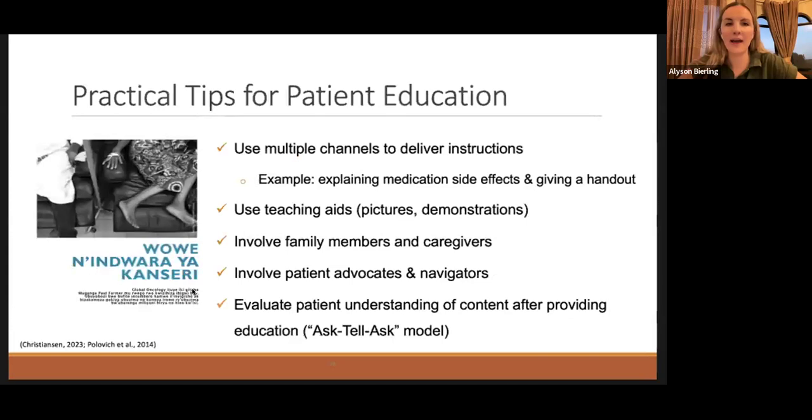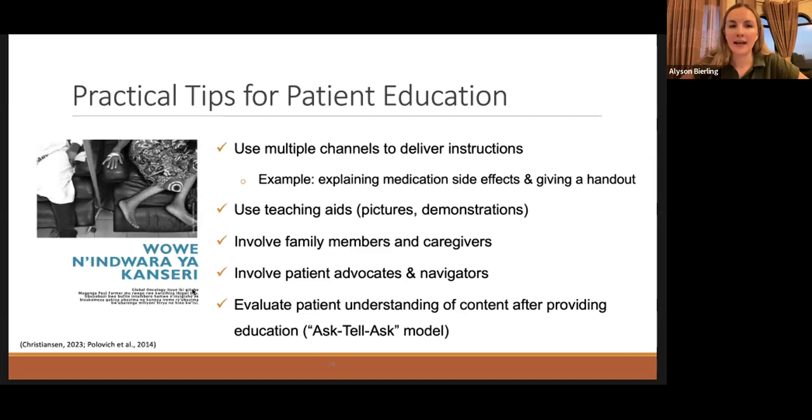Here are just some additional practical tips for patient education. Ideally, we would use multiple channels to deliver instructions. So one example of this is explaining the medication side effects verbally, sitting down with the patient and just discussing those side effects, but then also giving a handout that they can take home and refer to, and using teaching aids, such as pictures or diagrams or demonstrations.